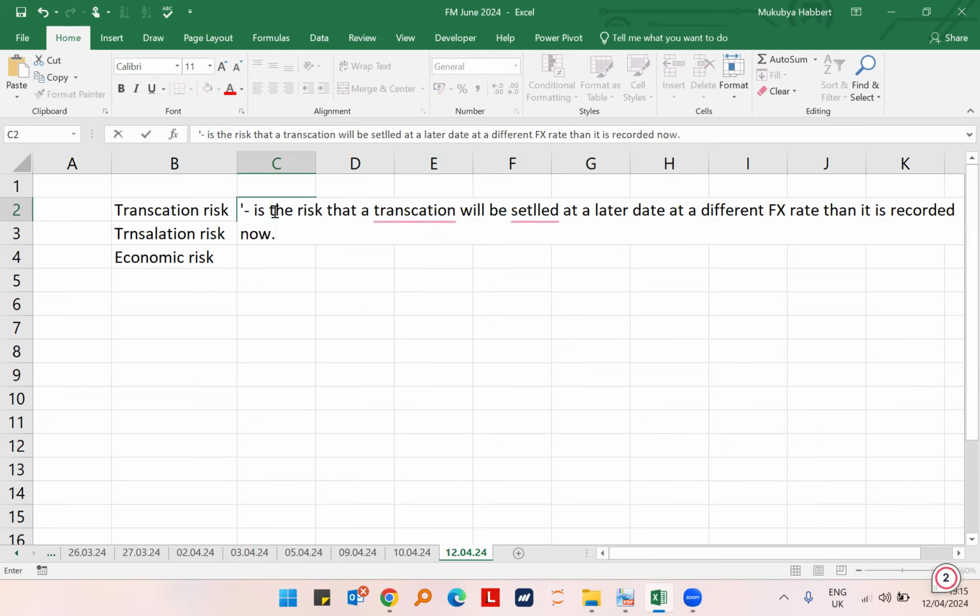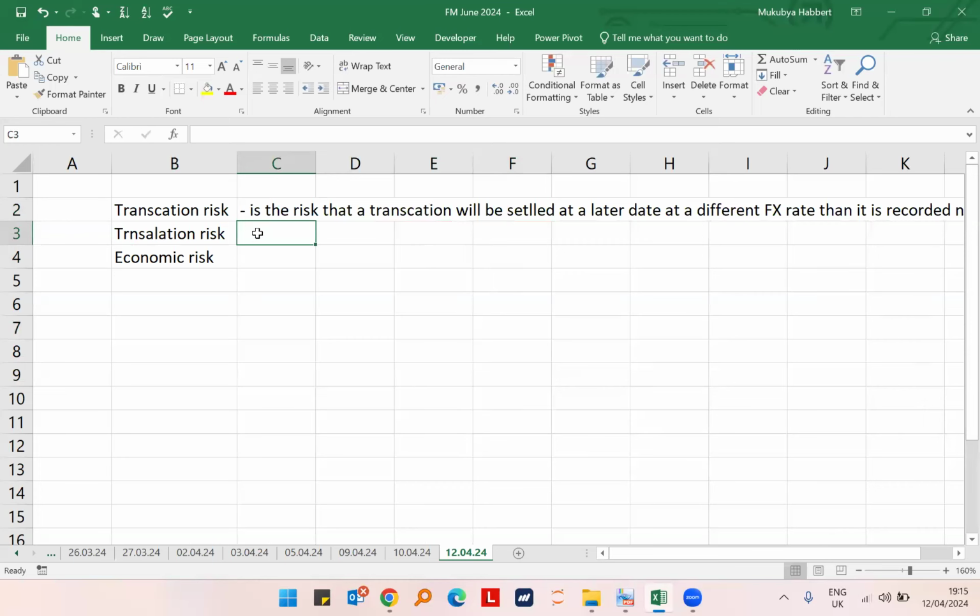Because I'm using language that will easily come up when you're writing. Some of you are better at memorizing than others. So you could write it as it was given to you in the notes, or you can give the context. Because the risk is that the transaction that you enter into today will be settled at a different date, at a different FX rate because of changes. So you say because of change in the FX rate.